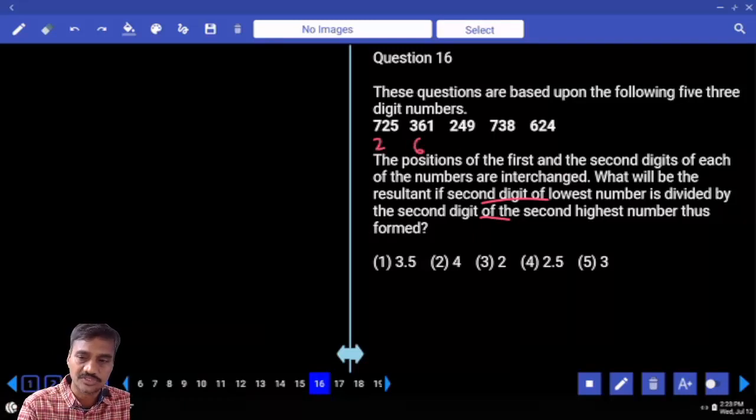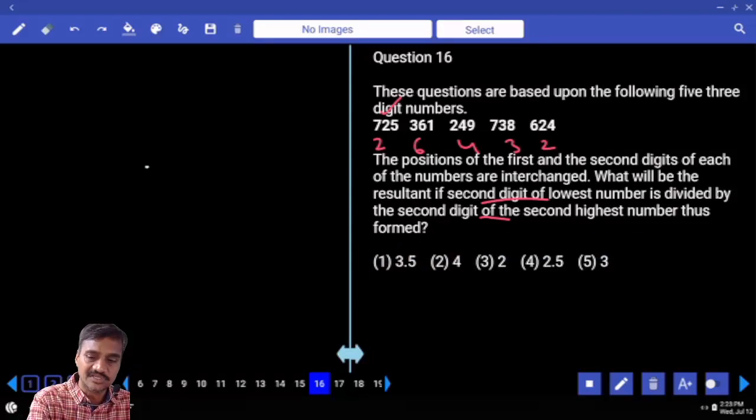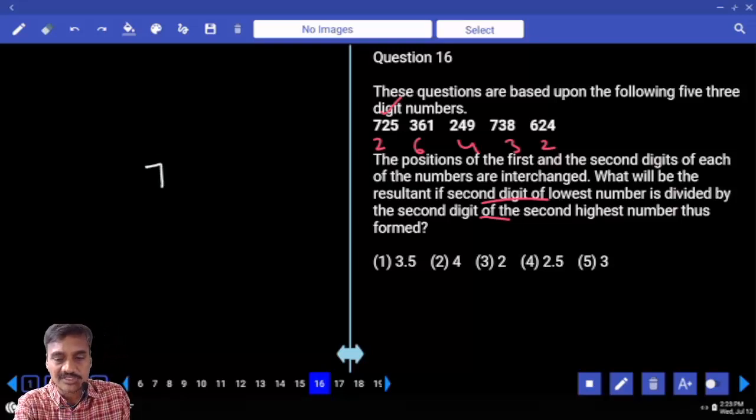Now 2, 6, 4, 3 and 2. What is the second lowest? 275 and 264. This is the second lowest, isn't it? And the second digit of this one is 7. And it is divided by the second highest. What is the second highest? 4. What is the second digit? 2. Now 7 divided by 2 is 3.5, choice.